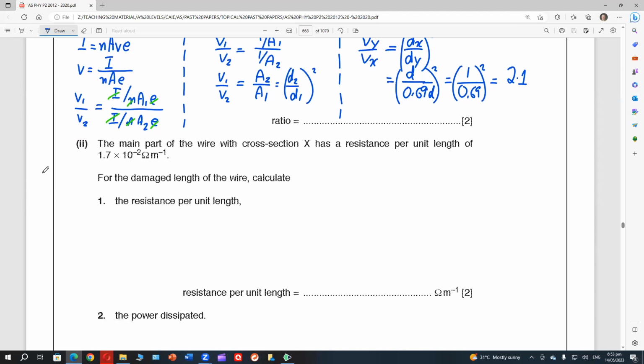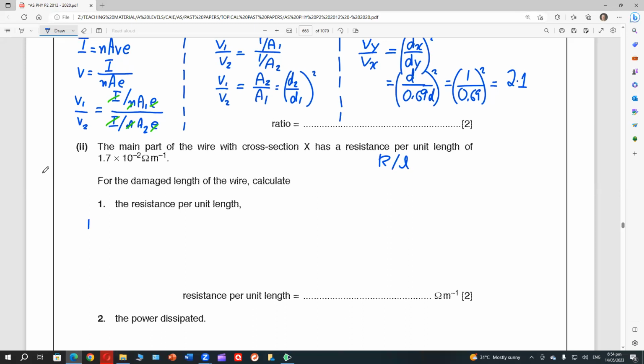For the damaged length of the wire, calculate the resistance per unit length. This is resistance per unit length, R upon L. So let's write down the formula.